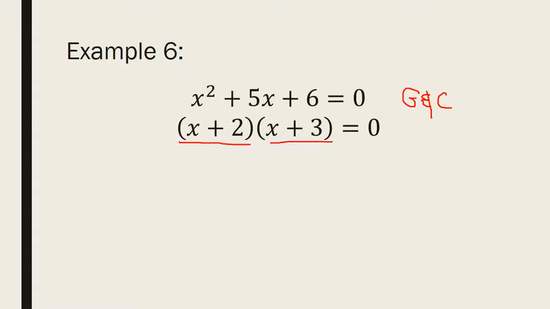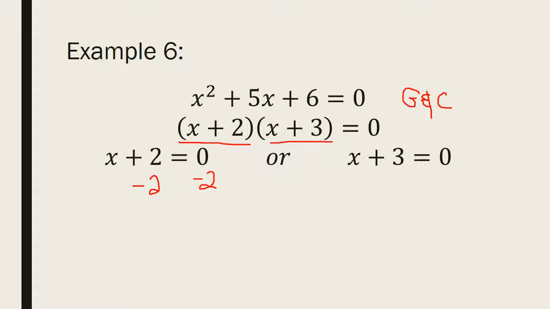Since the equation is equal to 0, I can use the zero product property to say that x plus 2 equal to 0 or x plus 3 equal to 0. Looking at the first part, all I need to do is take away 2 from both sides of the equation, and I'm going to end up with the first value of x, which is x equals -2.